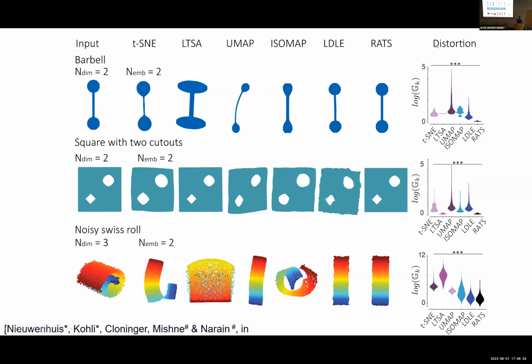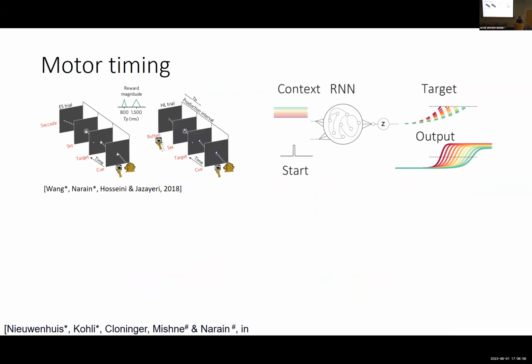On the right here, we have measures of global distortions comparing the different techniques to one another. You can see that isomap, for example, breaks under noise, as does LTSA, which is a nearest neighbor method. And then Mishne, for those of you who are familiar, has this tendency sometimes to tear things apart.